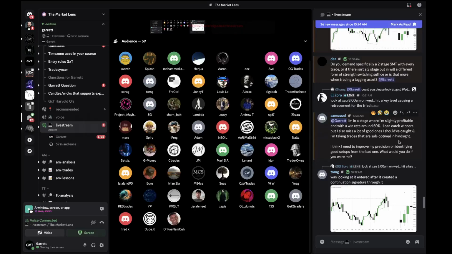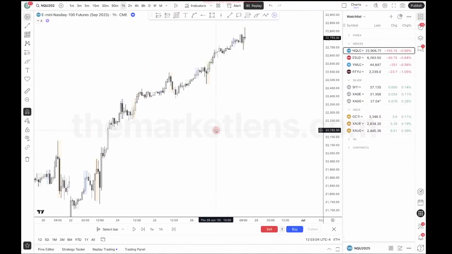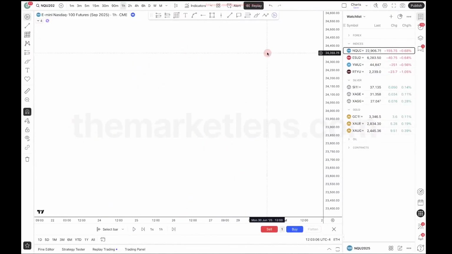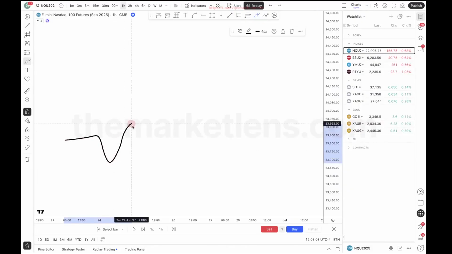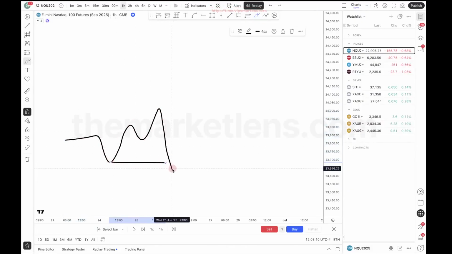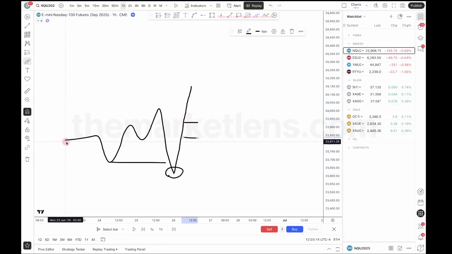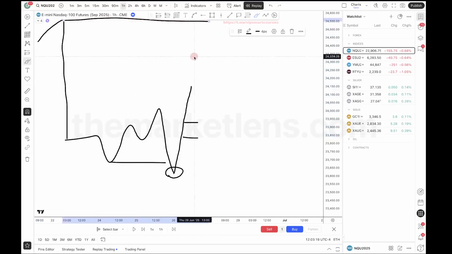Do you demand specifically 2-stage SMT with every trade? Yeah, so at reversals, I will demand some form of 2-stage SMT, but within continuation, away from reversal, let's say I have a reversal here, price expands away. Let's say there's an open objective. It has to be an open objective for me. You guys know I typically always trade if there's an open objective.